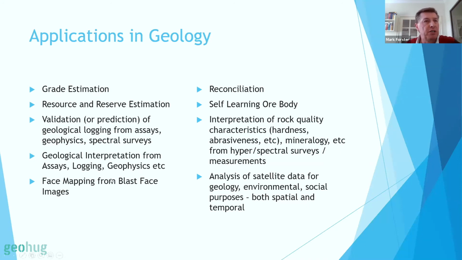There's also things like you could validate your logging, or you could even predict the material logging from all the other information you collect, so from assays, geophysics, spectral surveys, etc. You could do geological interpretation from that data. So you're taking all of that information in and manipulating it with machine learning algorithms and potentially other business rules as well, that are expert knowledge from a geologist, for example.